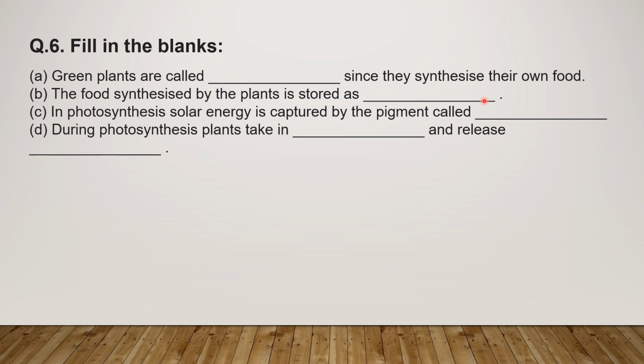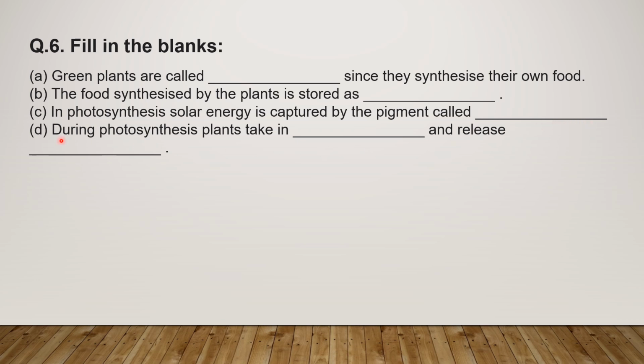S-T-A-R-C-H, starch. Next question. In photosynthesis, solar energy is captured by the pigment that is called what? Dash. So in photosynthesis, solar energy is captured by the green pigment called chlorophyll. So the spelling is very, very important. So take your textbook and note that spelling and write there.